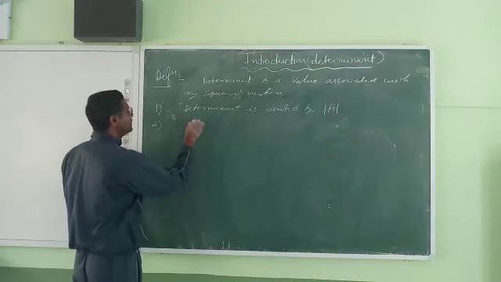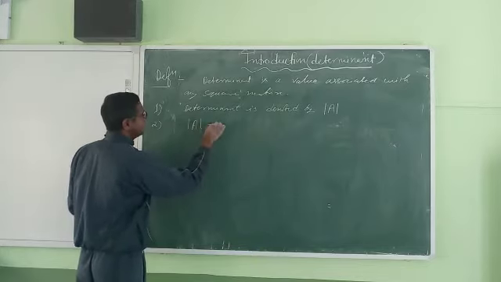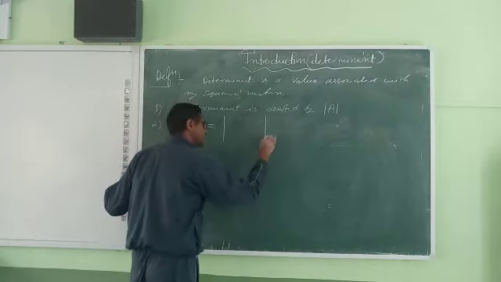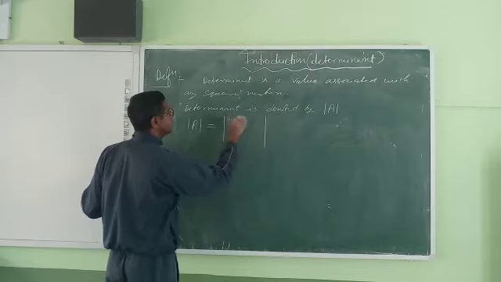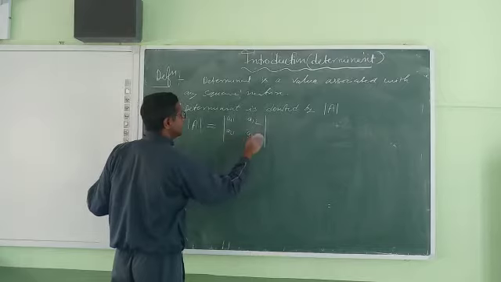Let us suppose we have a determinant of order 2 by 2. I am writing a general determinant having general elements A11, A12, A21, A22.